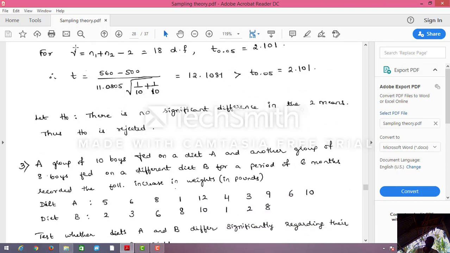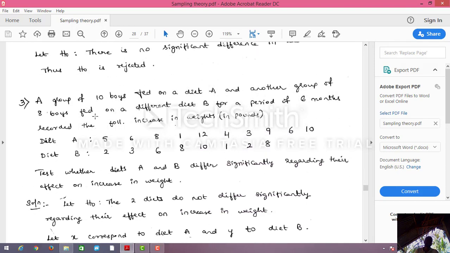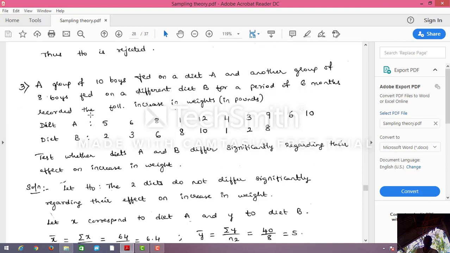Next type of problem we will see here. This one is a different problem. A group of 10 boys fed on diet A and another group of 8 boys fed on a different diet B for a period of 6 months recorded the following increase in weights.